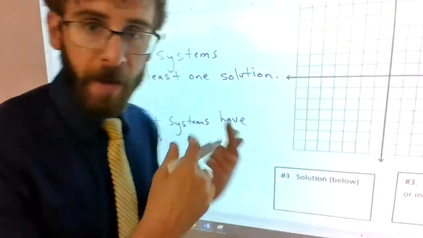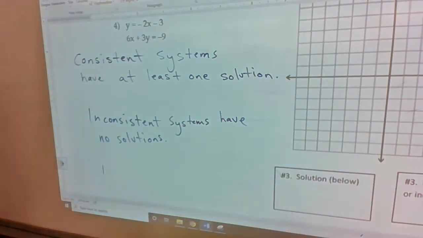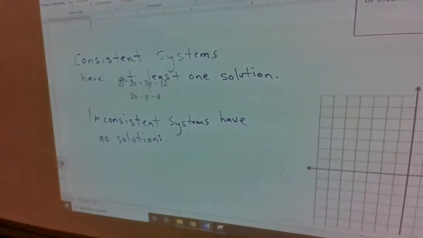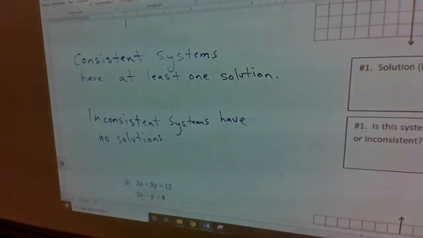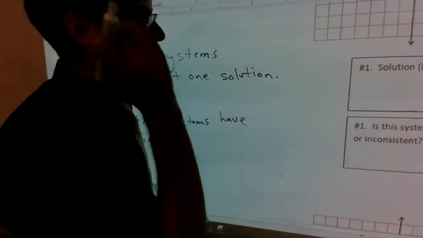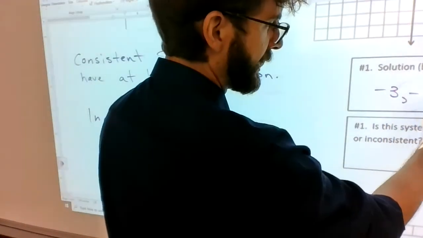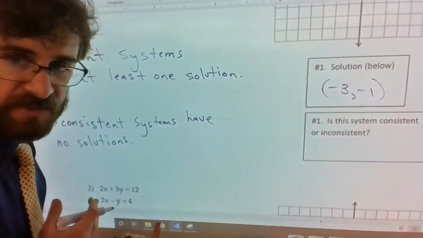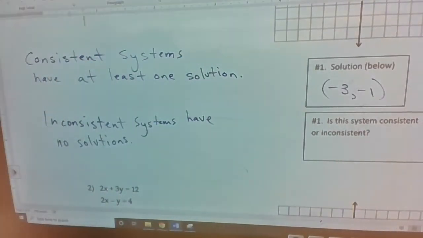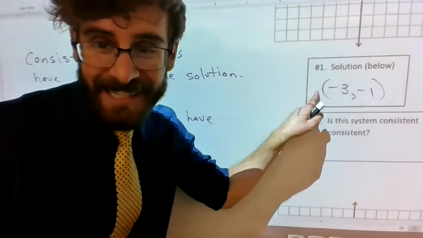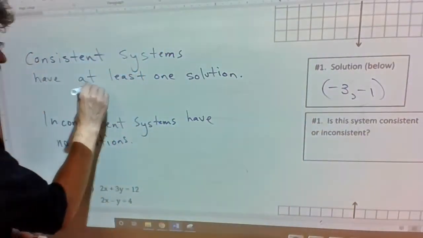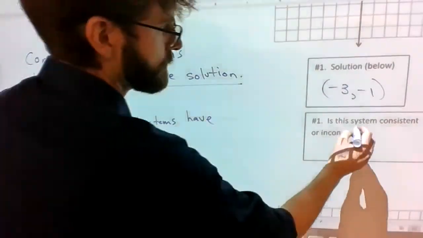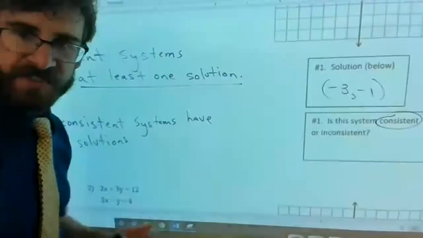So if you want to scroll back up to the first couple examples. The point of intersection here was -3, -1. Would you say that this system is consistent or inconsistent? It's consistent because it has one solution. That is at least one. It's consistent.